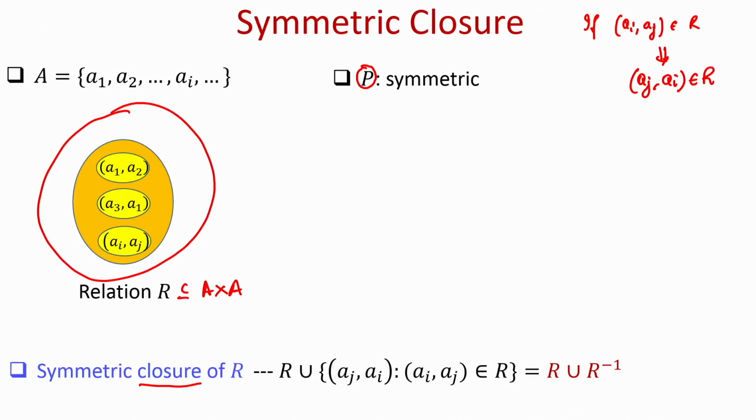And I need to include the original relation R. So, what I am going to do is take the union of R with what I call the inverse of the relation R. What is this inverse relation? It is defined to consist of all ordered pairs of the form (a_j, a_i) such that a_i is related to a_j in the original relation. So, if in your original relation a_i is related to a_j, then in the R inverse relation a_j will be related to a_i.